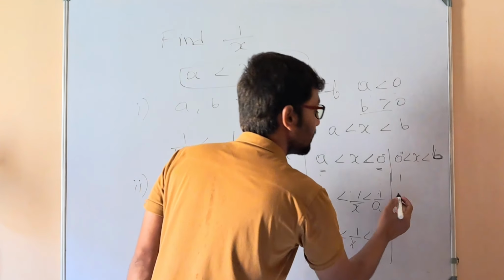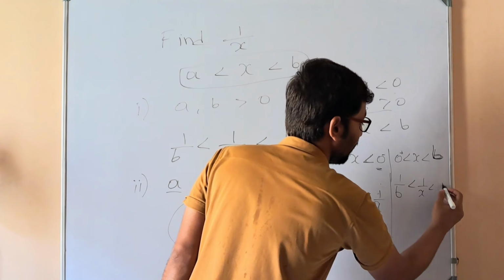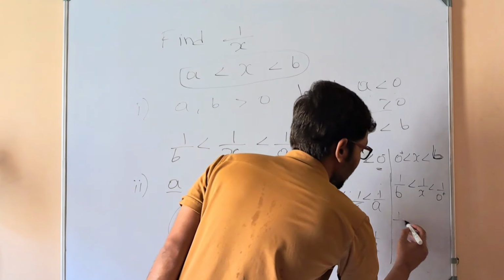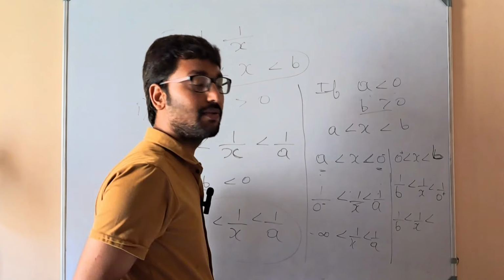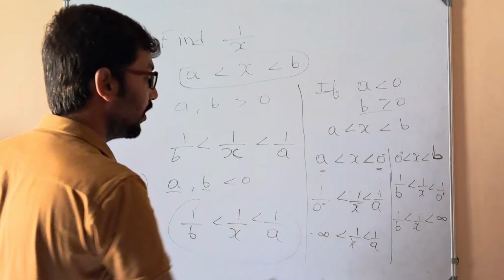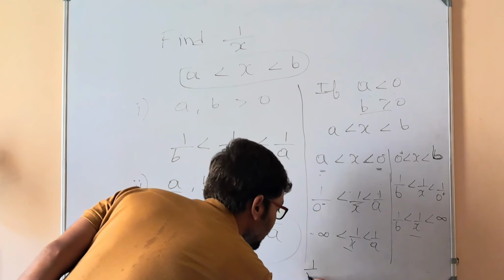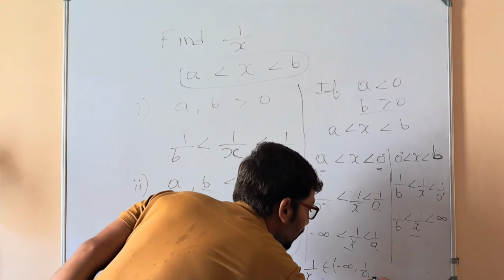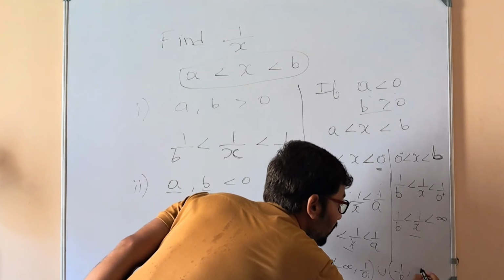So 1 by b less than 1 by x less than 1 by 0 plus, and 1 by 0 plus is infinity. Therefore 1 by x belongs to minus infinity to 1 by a, union 1 by b to infinity.